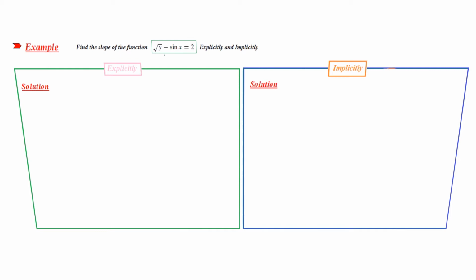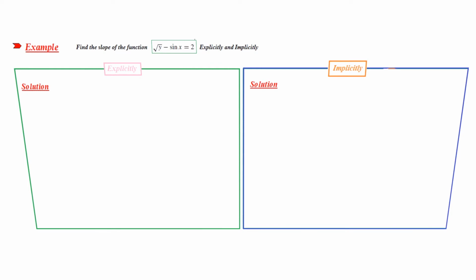If you want to find the first derivative explicitly, you have to write the original function in explicit form. So you have to write y on the left hand side and the other terms on the right hand side to get a function in terms of x.